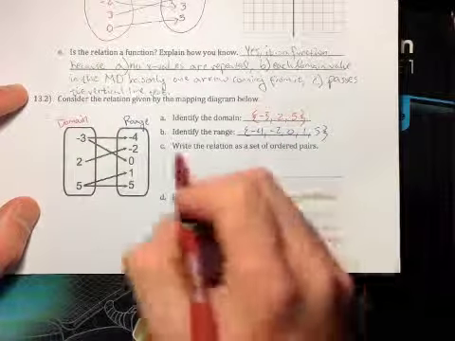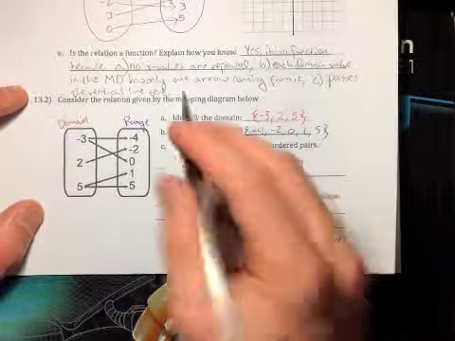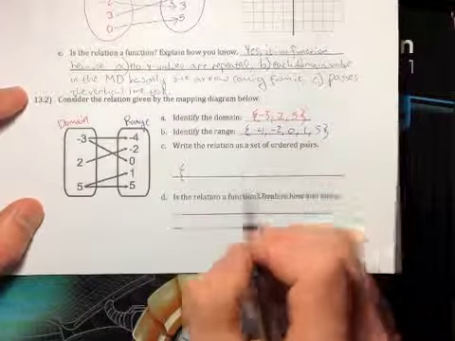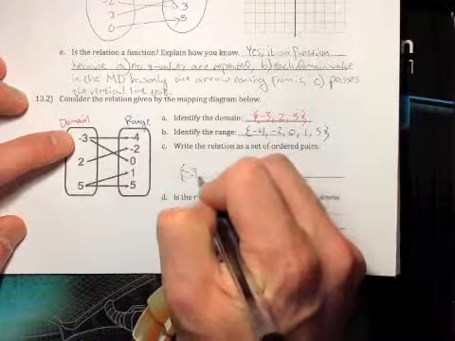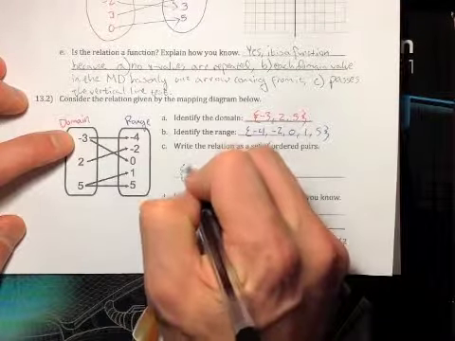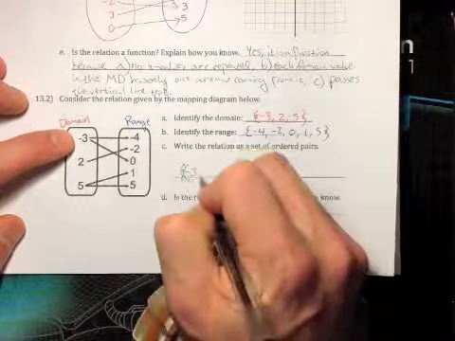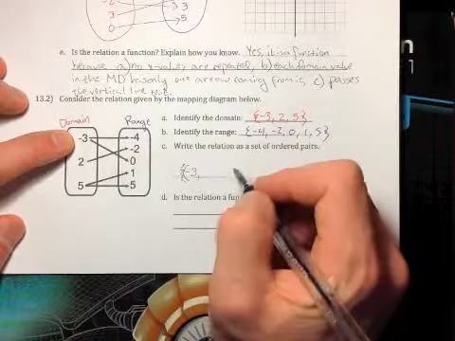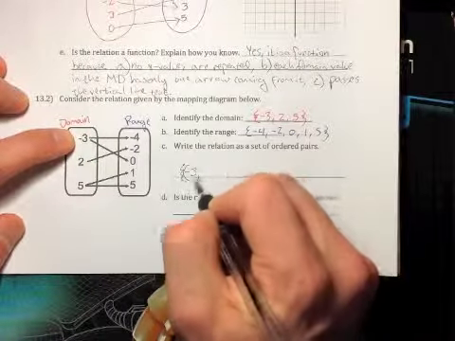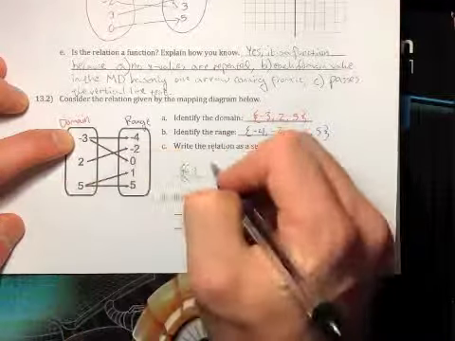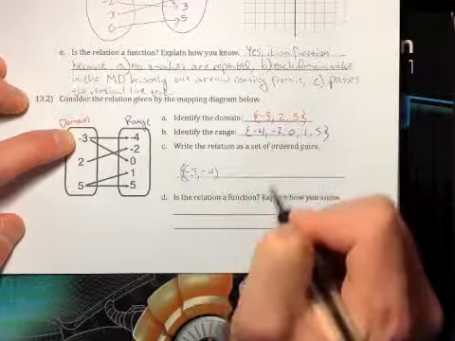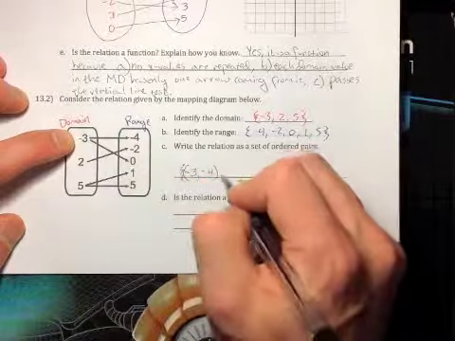Now let's write this relation as a set of ordered pairs. Well, let's see. We know that the first x value that we have is -3. Oops, I need to write this in brackets and in parentheses. So -3 comma what? Well, -3 is mapped to -4. -3 is also mapped to 0.